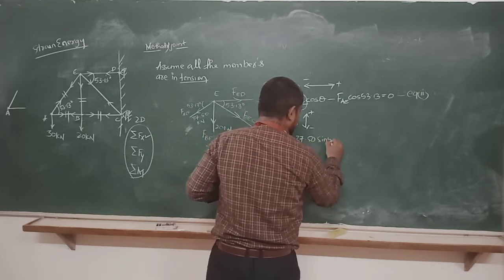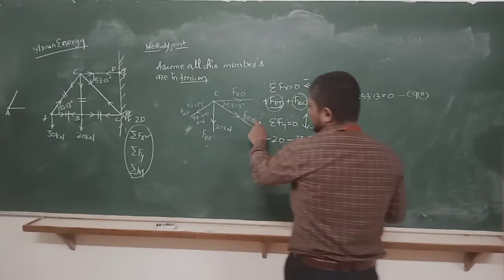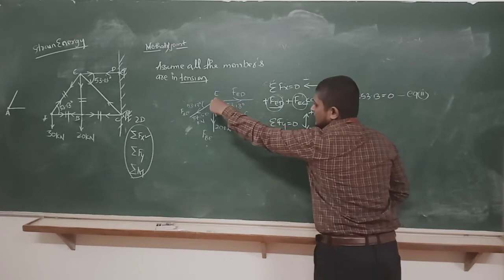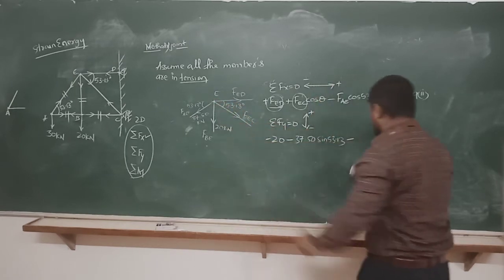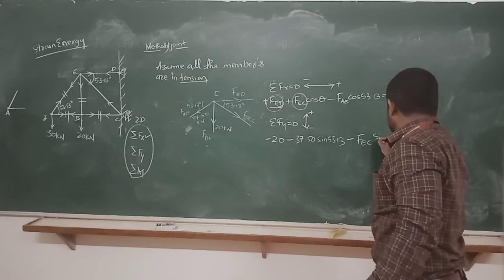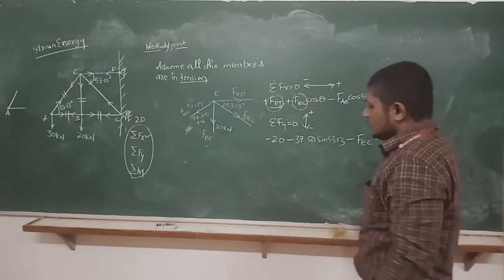sin 53.13. Then one more force is there, that is FEC. Again, when you resolve it vertically, it will go downward and it is going away from the theta. So it is FEC sin 53.13 is equal to 0.